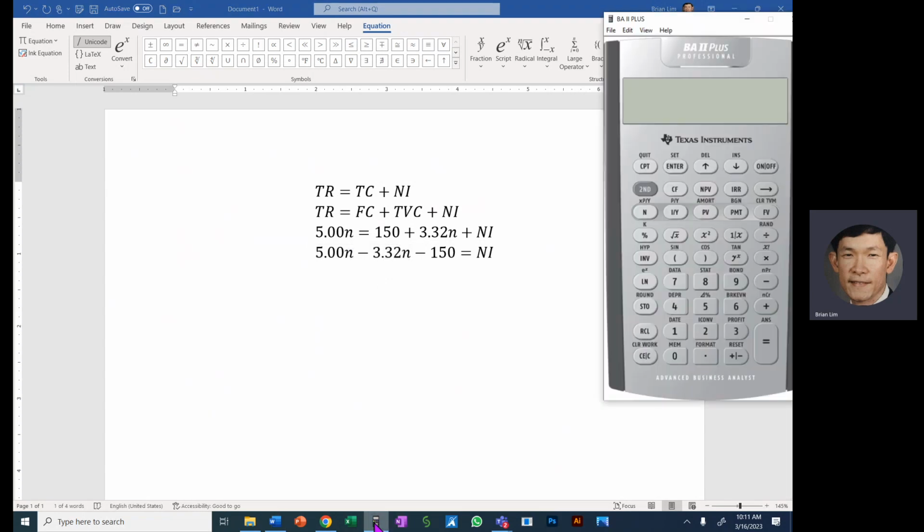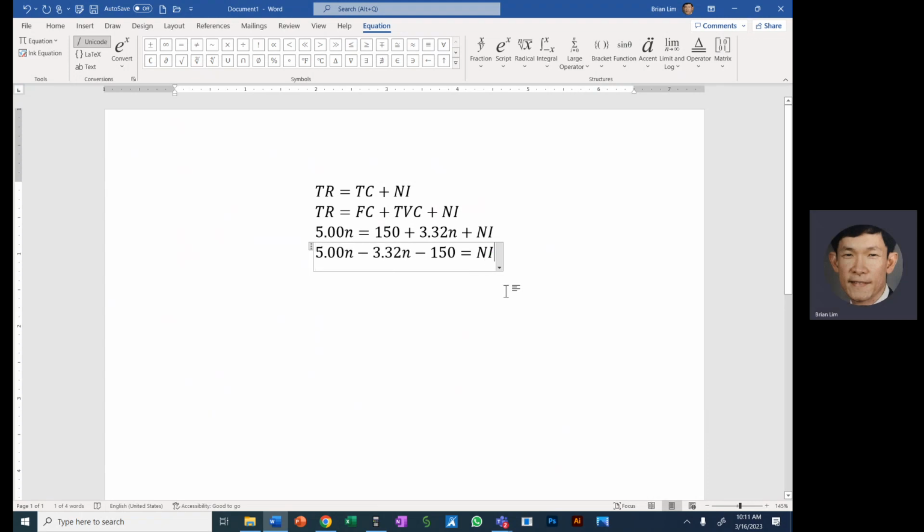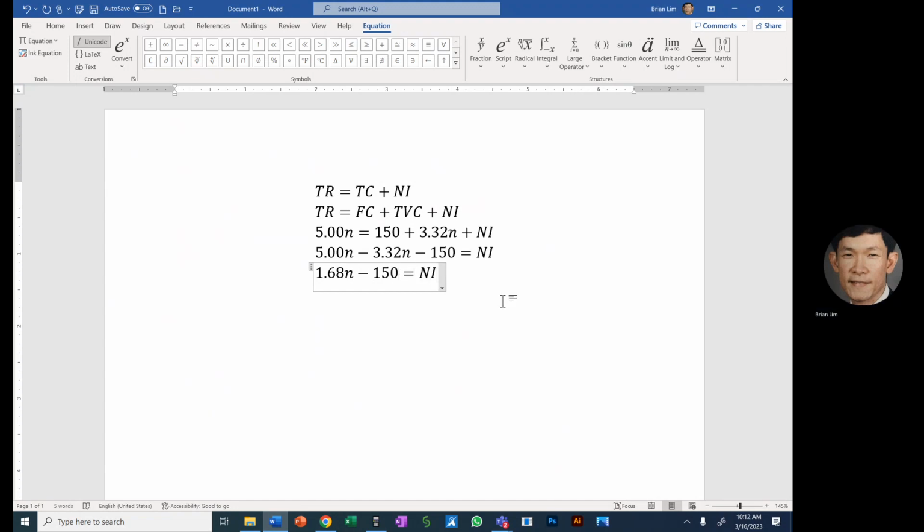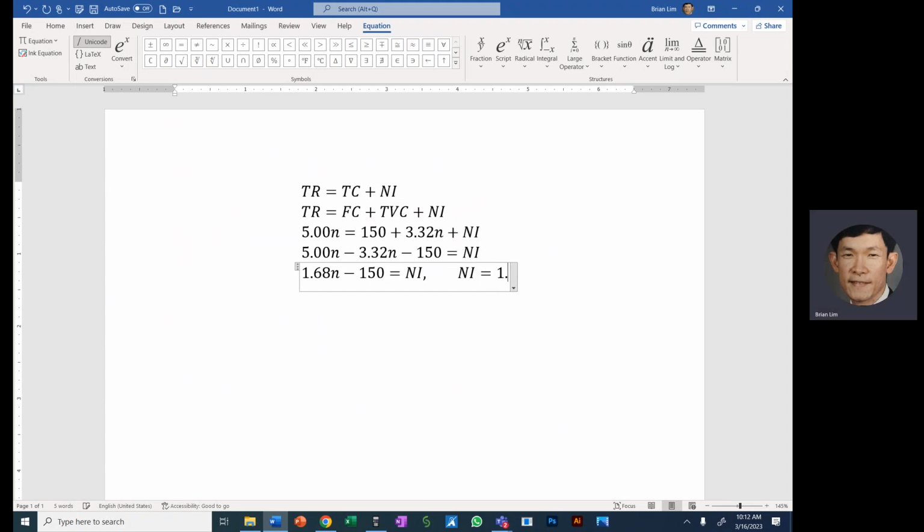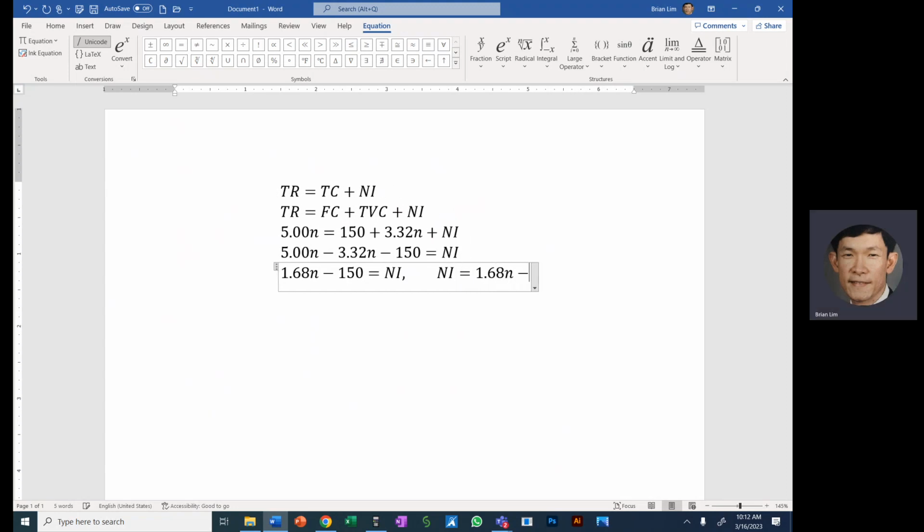We can bring up the calculator and turn it on and go 5 minus 3.32, and we get 1.68. So this would give us 1.68n minus 150 is equal to the net income. Or you could say net income is equal to 1.68n minus 150.